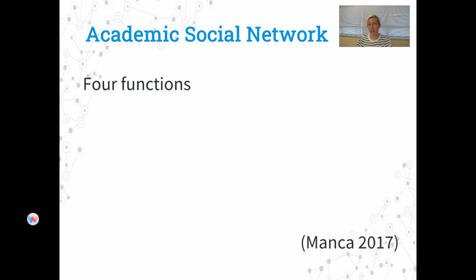If we think about the 4 functions of academic social networks, why should we use ASNs? Munker has identified 4 functions. The first of those functions is research dissemination. We want to share our research with other researchers. This is especially important these days where it's been quite difficult to attend international conferences. It's also good for early career researchers who might not have the funds to get themselves to international conferences.